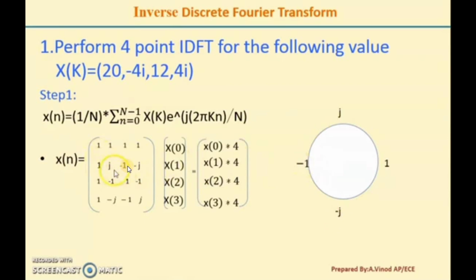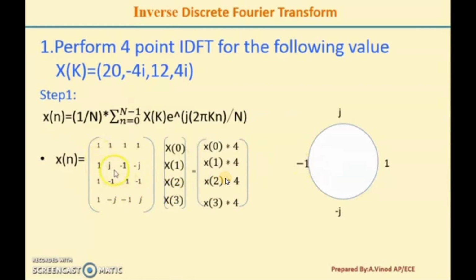In order to find the value of x of 2, you have to leave 1 point, so you get 1, minus 1, 1, minus 1. Next you leave 2 points, so 1, minus j, and again leaving 2 points you get minus 1, then j. So 1, minus 1, minus j, minus 1 and j.